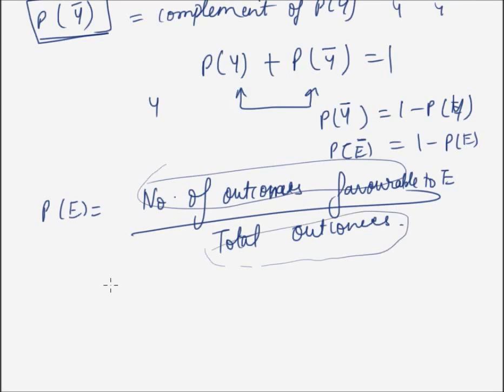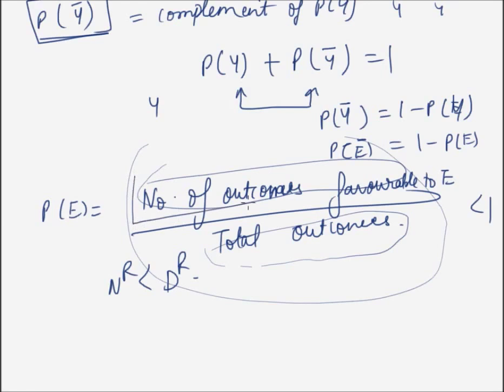Thus, the numerator will always be less than the denominator. Thus, we can say that this whole fraction will always be less than 1. And when the number of outcomes favorable to E is equal to the total outcomes, that is, at most, this fraction can be equal to 1.